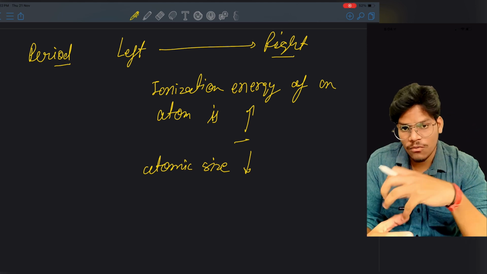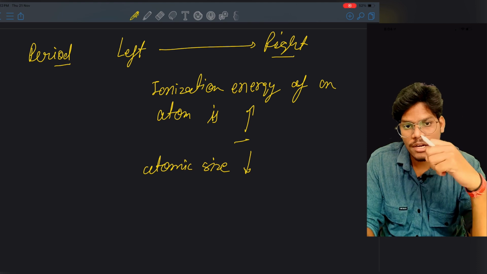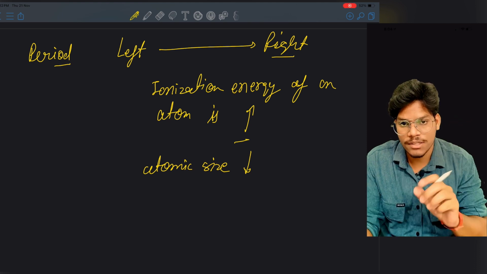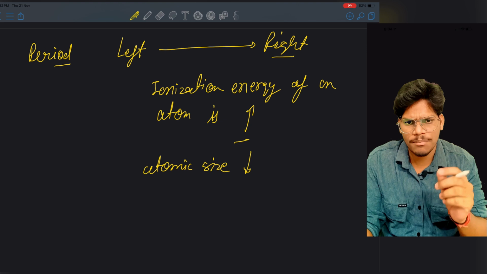Okay, so pulling out an electron from this outer shell becomes difficult. This is the general trend of ionization energy in the periodic table.